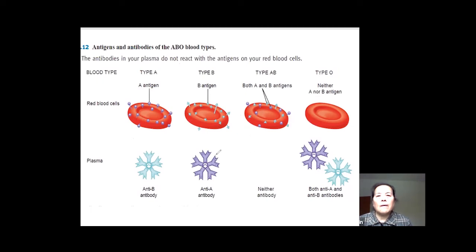We can use type A or type B for type AB, and even type O for a type AB patient. We say a type AB patient is a universal recipient. They can receive any type.